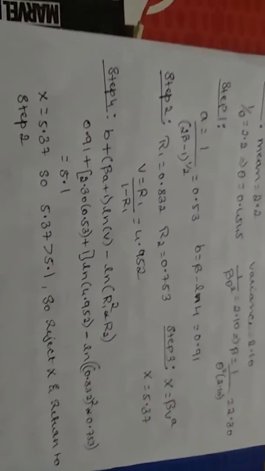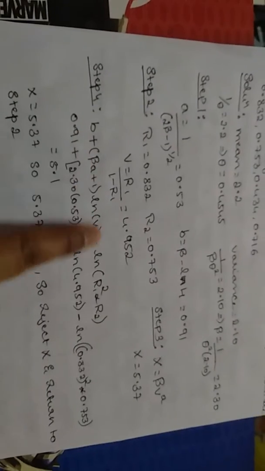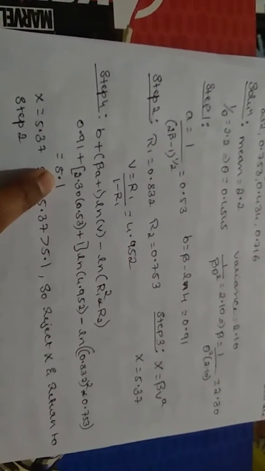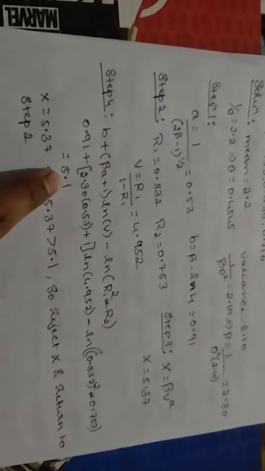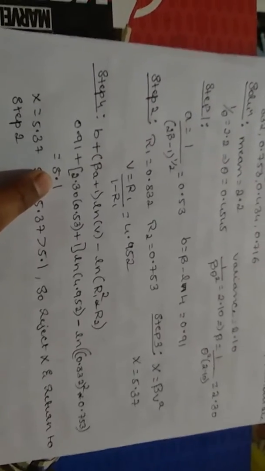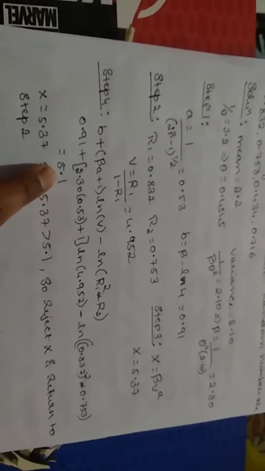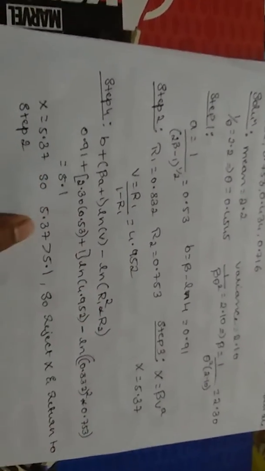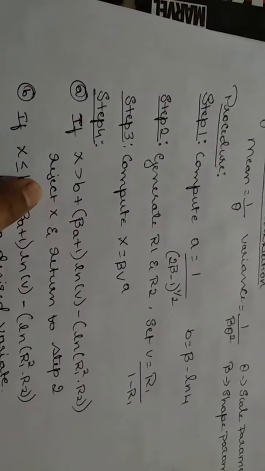Now I'll come to step 4. This is the formula we have and I have calculated it. I have got 5.1. You have to check whether X is greater than 5.1 or less than 5.1. The value of X is 5.37, which is greater than 5.1. If X is greater, you have to reject.